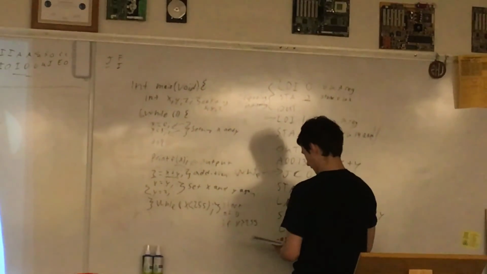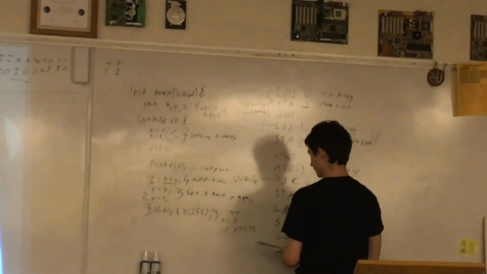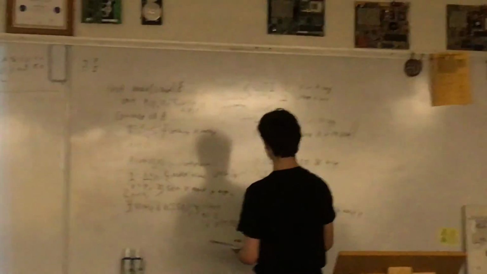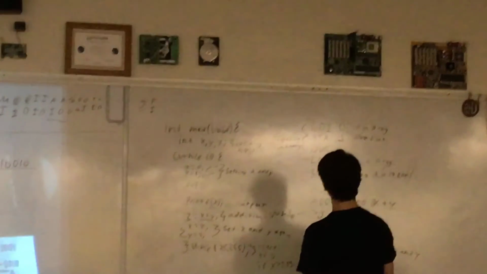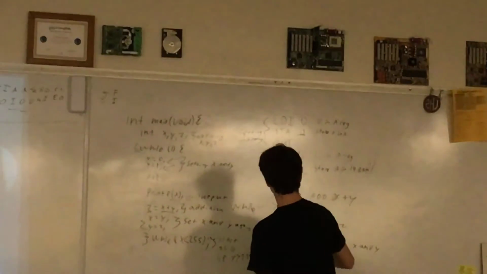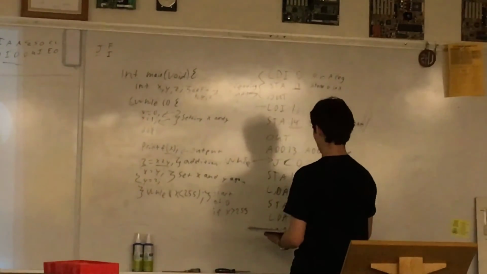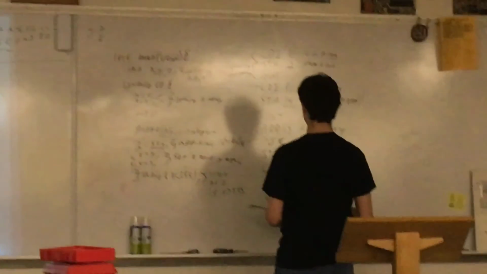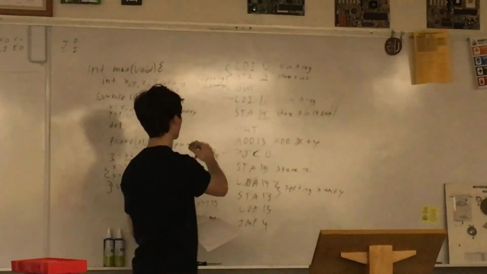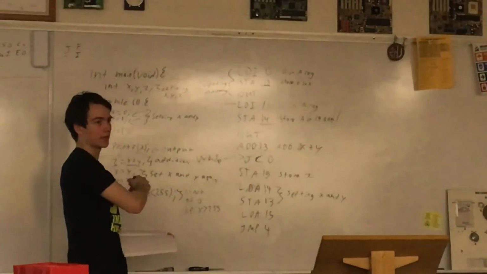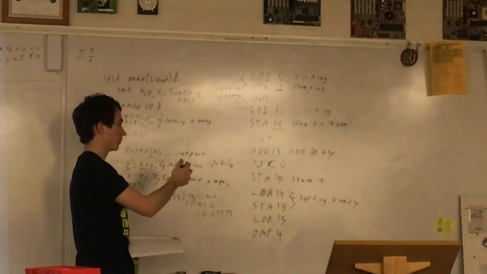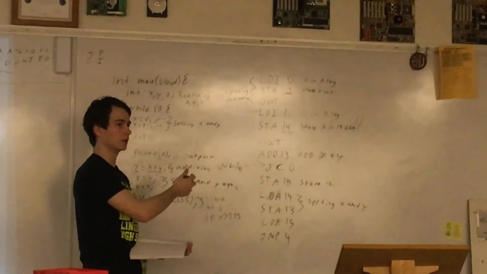And the load A 15, all that does is load whatever is in address 15 over to the A register. So that's how this program would work. You can see how you can take a program that's in C and put it over to machine language or machine code.